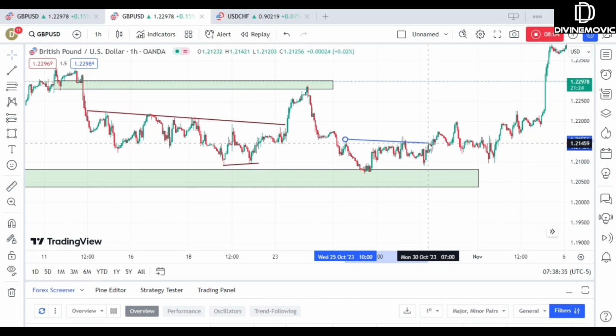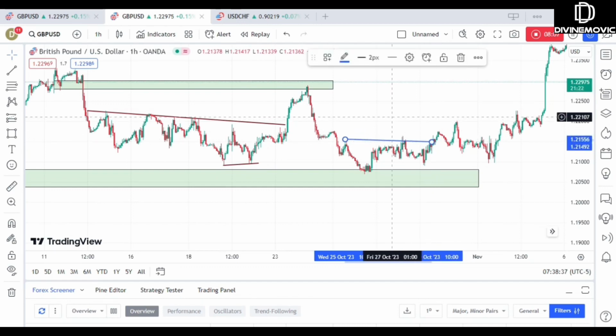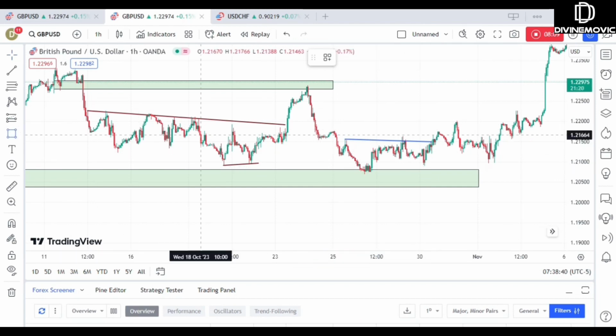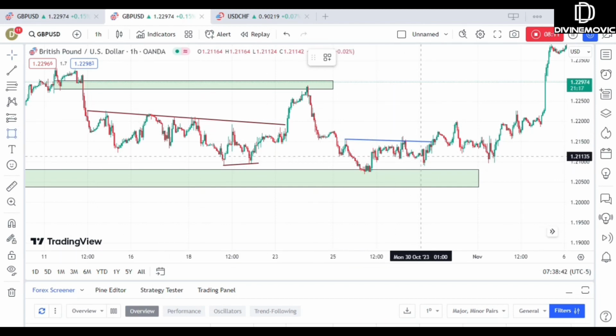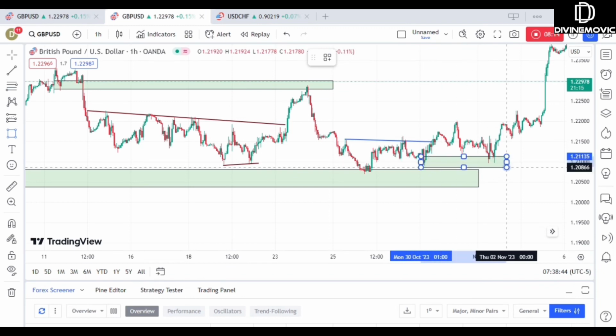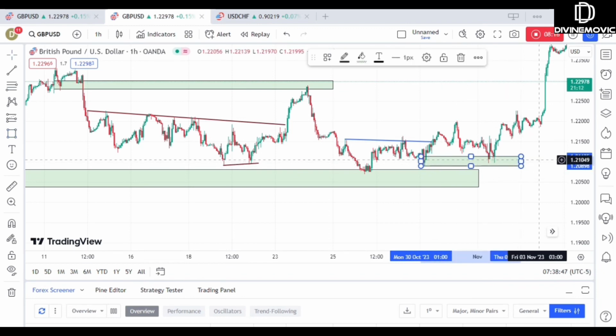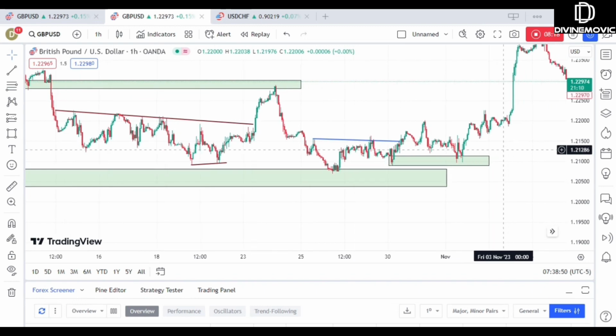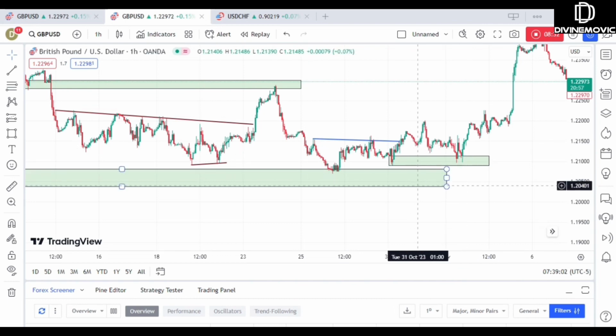Price gave us a change of character here and then left us a point of interest at this zone here. So this is another internal change of character, and this is another internal point of interest caused by the change of character. Remember, this bigger one was the external one on the 4 hour time frame, and now this one is on the smaller time frame, which is the 1 hour time frame.